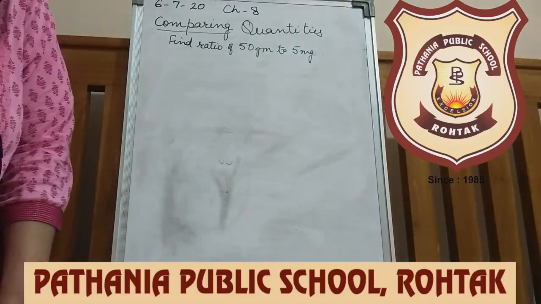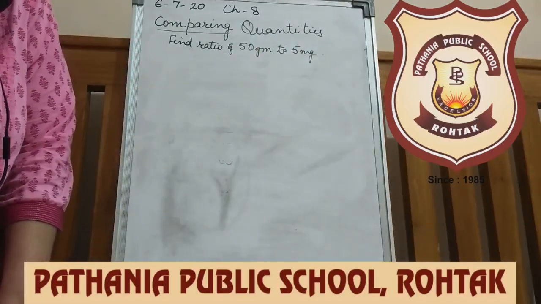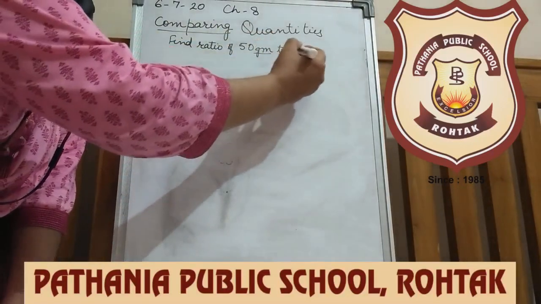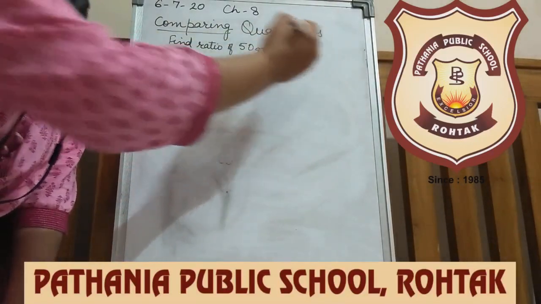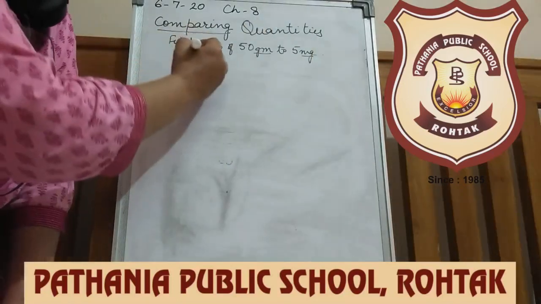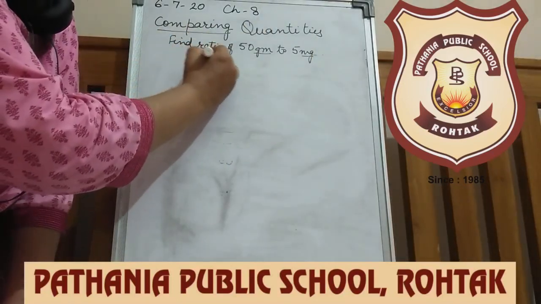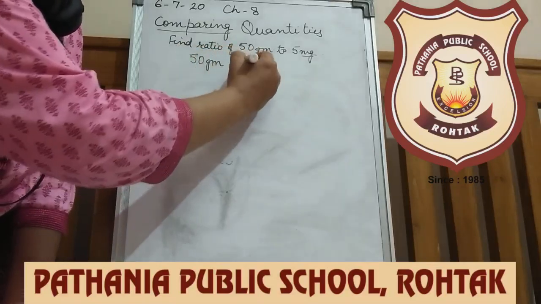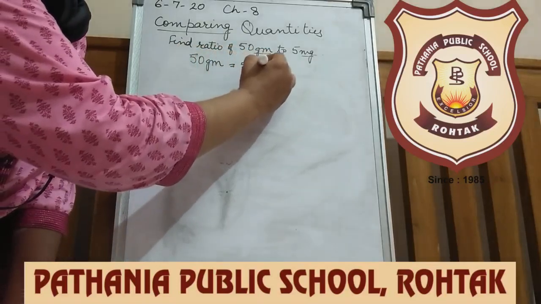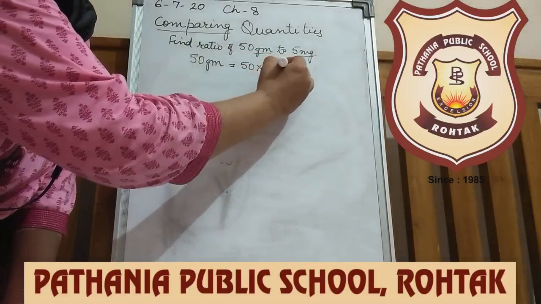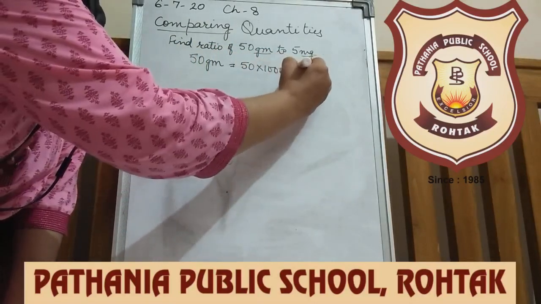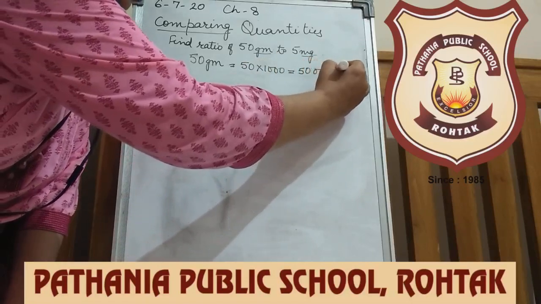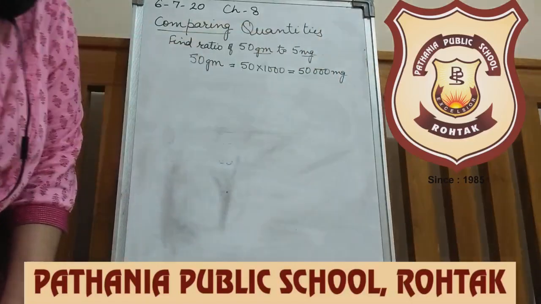Now read the question carefully. That is very important. Every time when you read it, this unit is gram and this is milligram. So first convert this into milligrams. 1 gram is equal to 1000 milligrams. So this is your 50,000 milligrams.